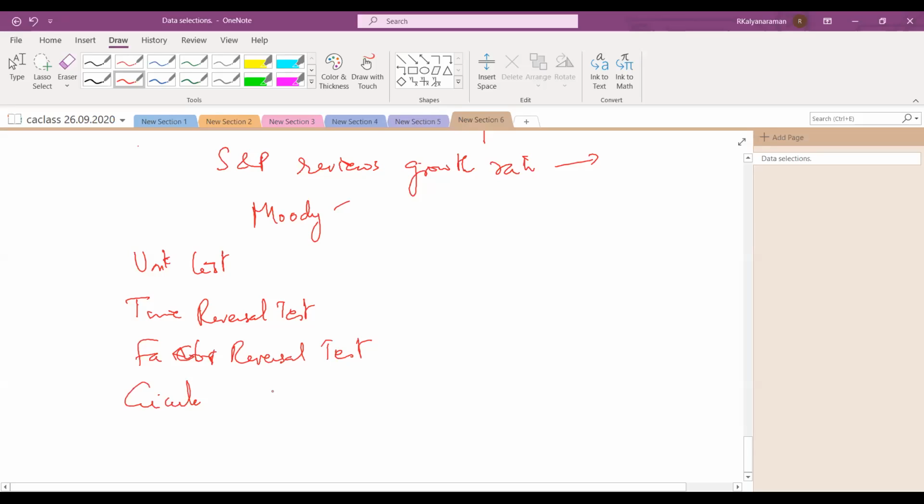So these are the 4 tests to check whether a particular method of calculating the index is adequate. Can it be trusted? Is it reliable? So what is a unit test?